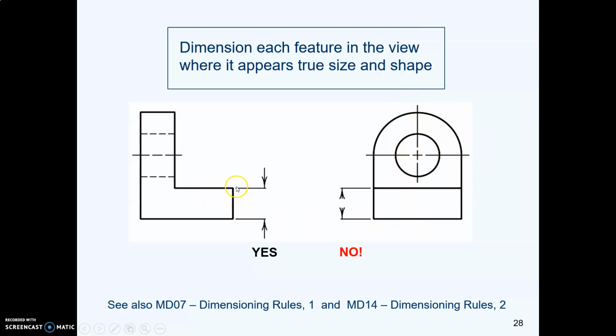And if you want to dimension how thick that horizontal leg is, you dimension it in this side view where you can see the L. That's where that leg is true size and true shape. Do not dimension it in this side view because you don't know what it is. There's a line there, fine, but you can't see that it's an L-shaped leg until you go searching for another view over here. We'll come back and talk about this one some more next week.